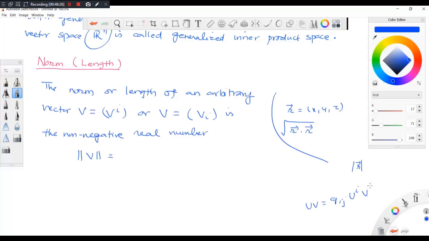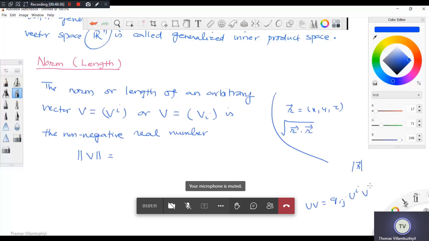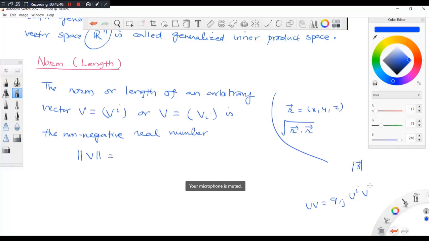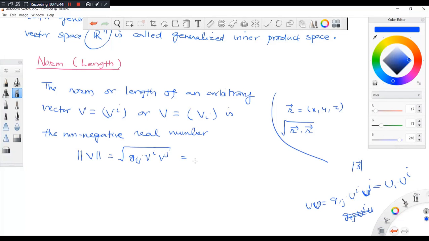So this will be the square root of gij vi, the same vector I am taking, vj. So this is nothing but the root of vi vi. Okay, so this is the way by which the length is defined.